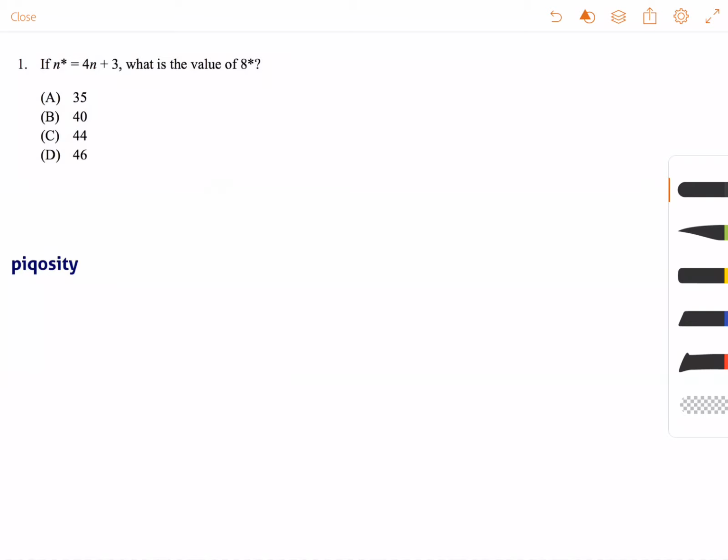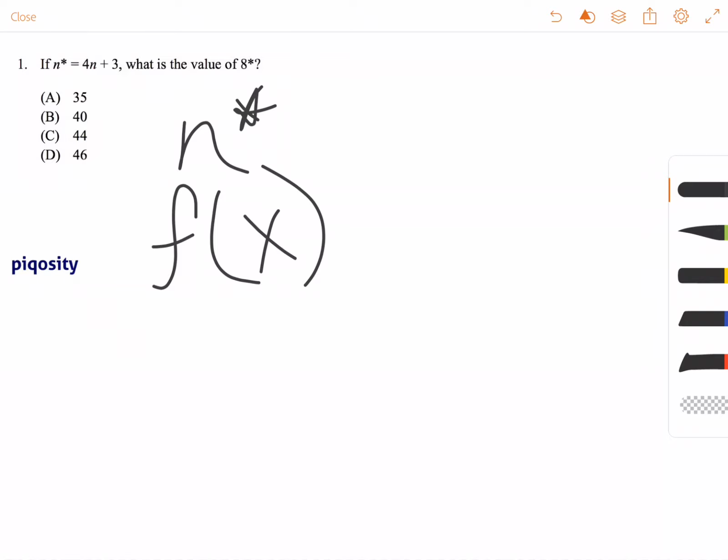Another way of looking at this, which you may have done in class, is that n asterisk is the same thing as f of x. The f doesn't mean anything except it's designating that the input for this particular equation is the x.